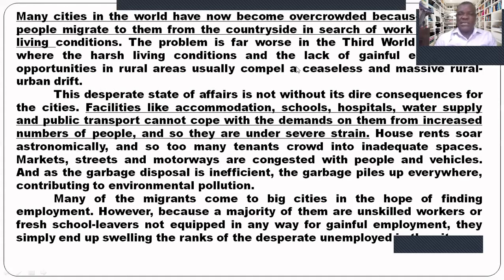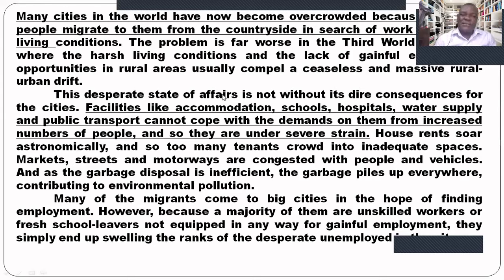So you can see the other sentence only throws more light on the already stated problem. So we have gotten one negative consequence of rural-urban migration, and that is overcrowding in the cities or overpopulation in the cities. All right? Then let's go to the next one.